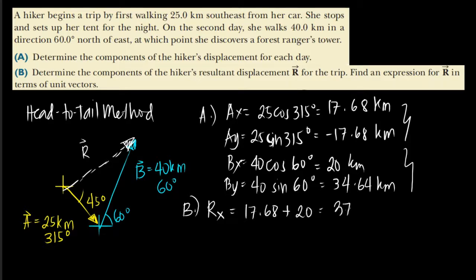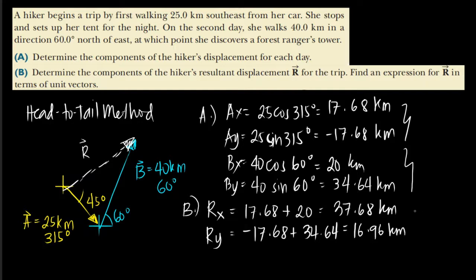So this is 37.68 kilometers. This is the resultant component for x. And the resultant component for y is negative 17.68 plus 34.64.